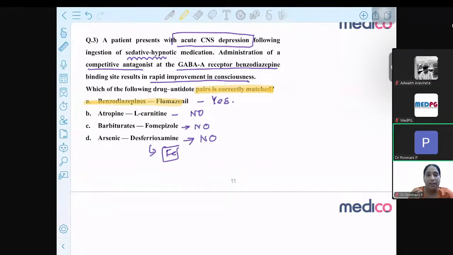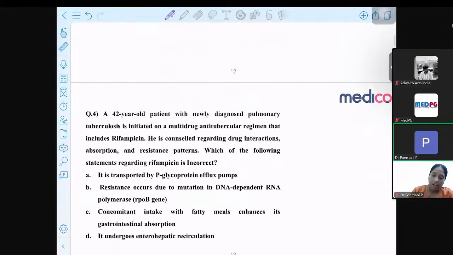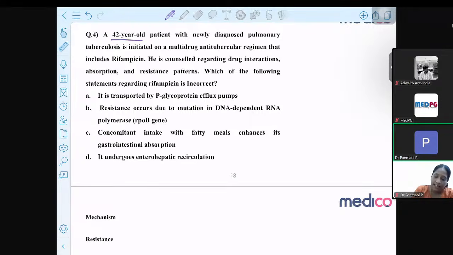So now see, when we have a complete list of antidotes in our hands, we'll be able to answer any number of questions related to this, right? Now we'll move on to the next question. A 42-year-old patient is diagnosed with pulmonary TB and is initiated on a multi-drug regimen including rifampicin.